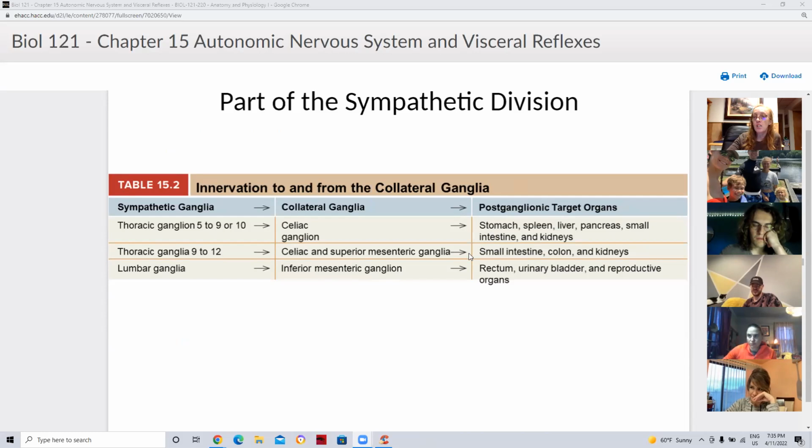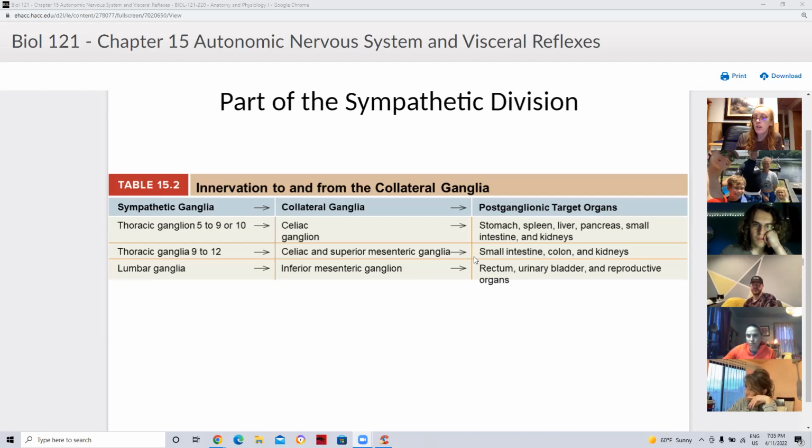The superior mesenteric ganglion is going to target the small intestines, colon, and kidneys. The lumbar ganglia are going to synapse in the inferior mesenteric ganglion, going out to the rectum, the urinary bladder, and the reproductive organs.